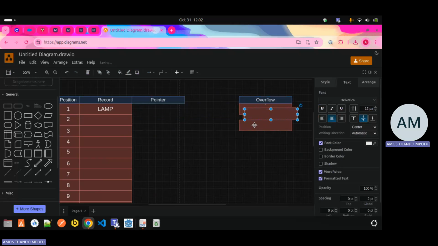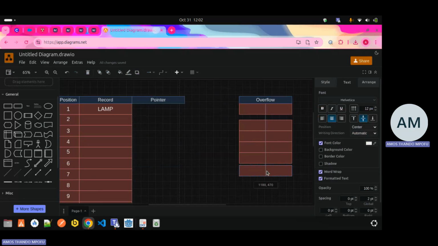Let me paste multiple of them. There's quite a lot involved if you're doing this on a computer. If it was a pen and paper, then yeah, still quite a lot. So 1, 2, 3, 4, 5, 6. There's 11, so I need 5.